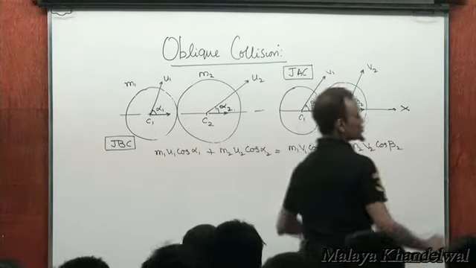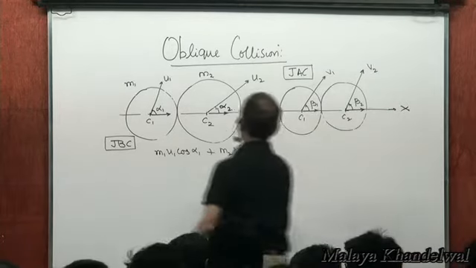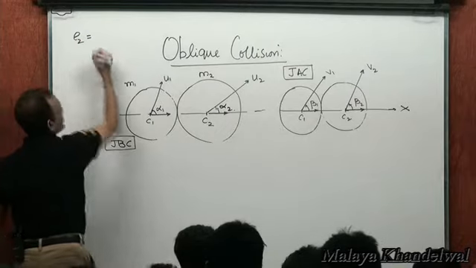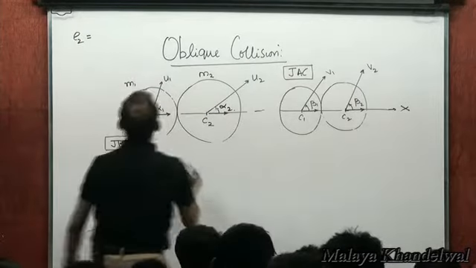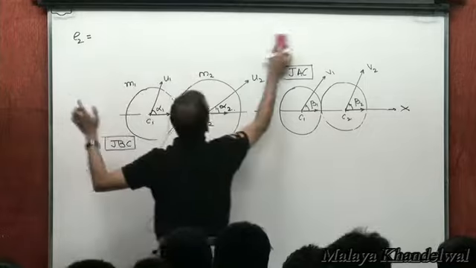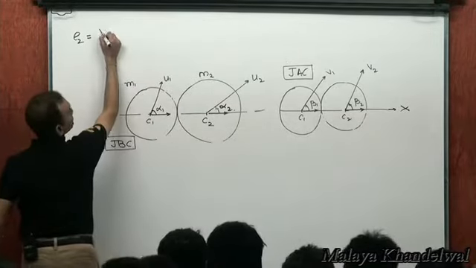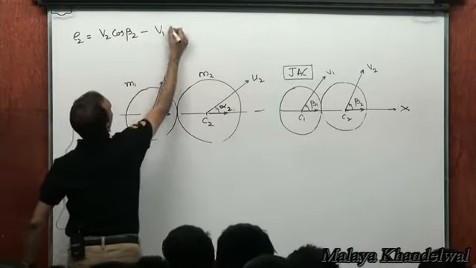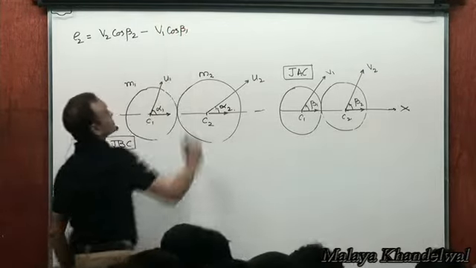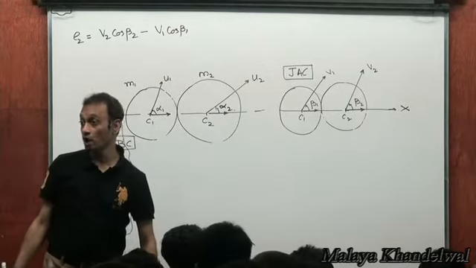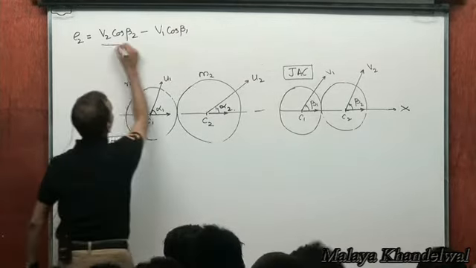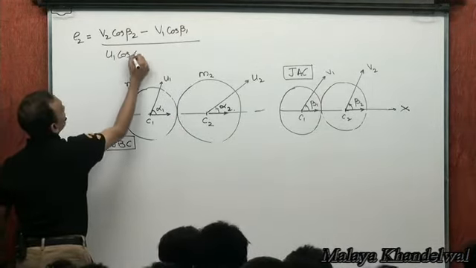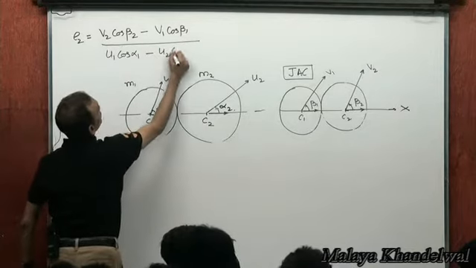So E for this situation is going to be V2 cos beta 2 minus V1 cos beta 1, this is the relative velocity of separation along the common normal, divided by relative velocity of approach along the common normal. That means u1 cos alpha 1 minus u2 cos alpha 2.